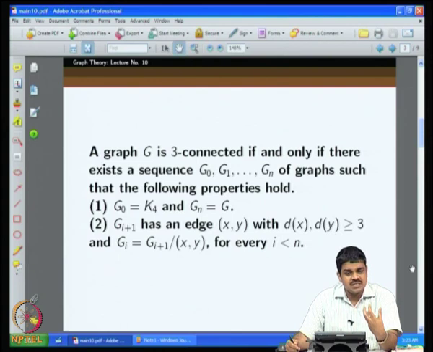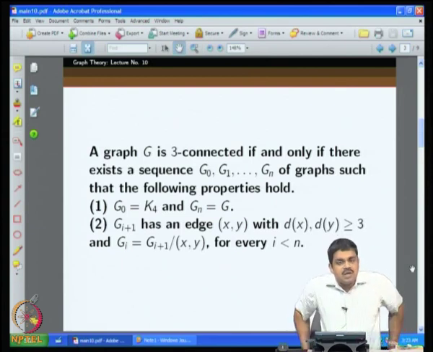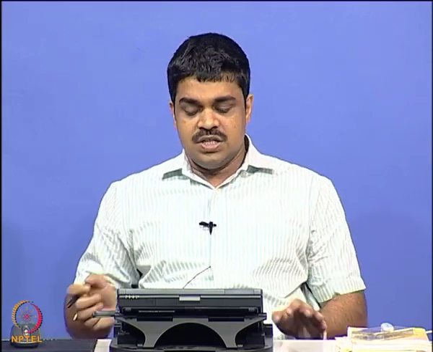As long as the cardinality is greater than 4, you can again find an edge such that if we contract that edge, we still retain 3 connectivity. We can contract that edge and we will get a smaller graph, smaller by one vertex, and because it's again 3 connected, we can find another edge with the same property and keep going until we reach the situation that the number of vertices is 4.